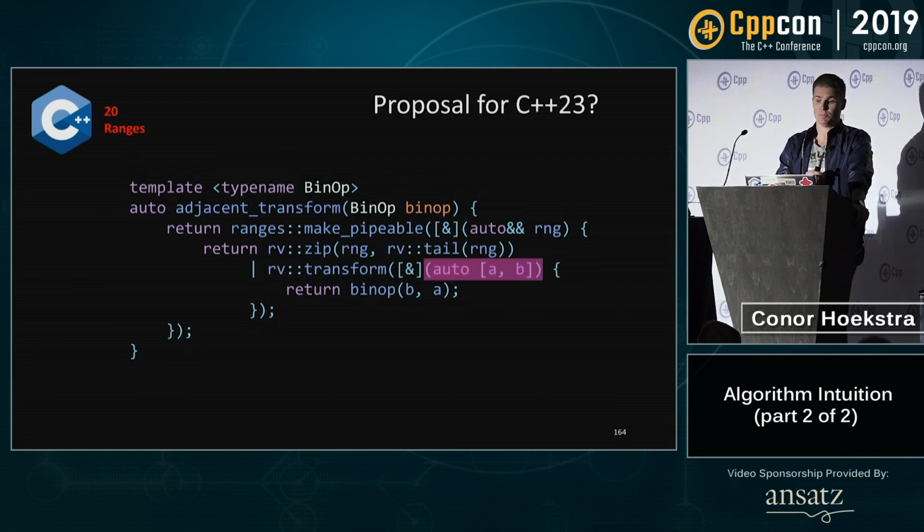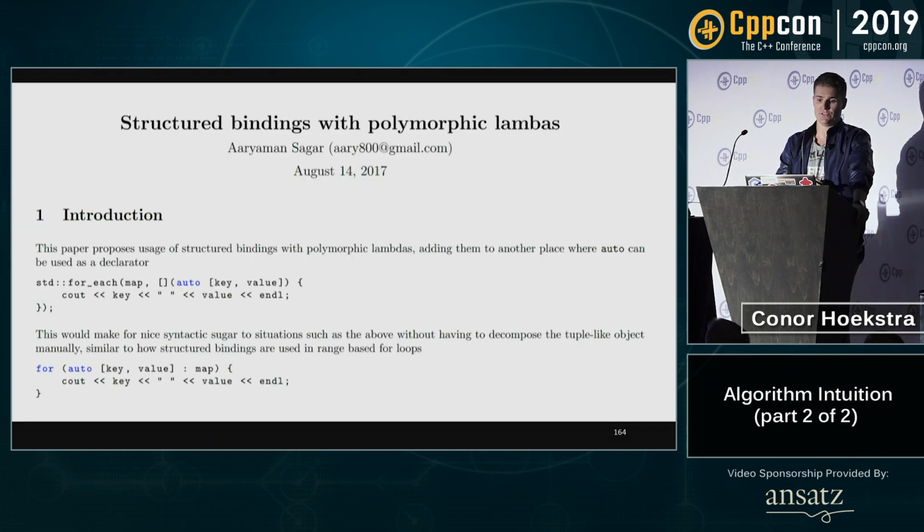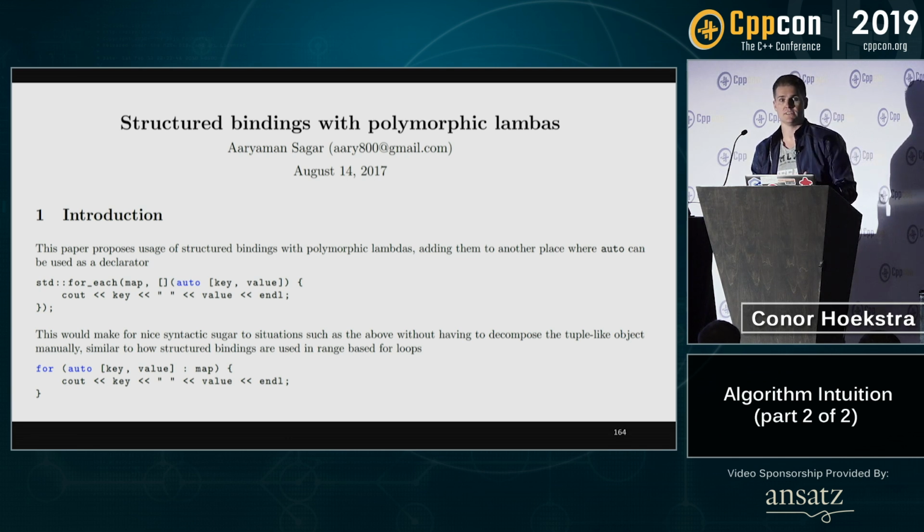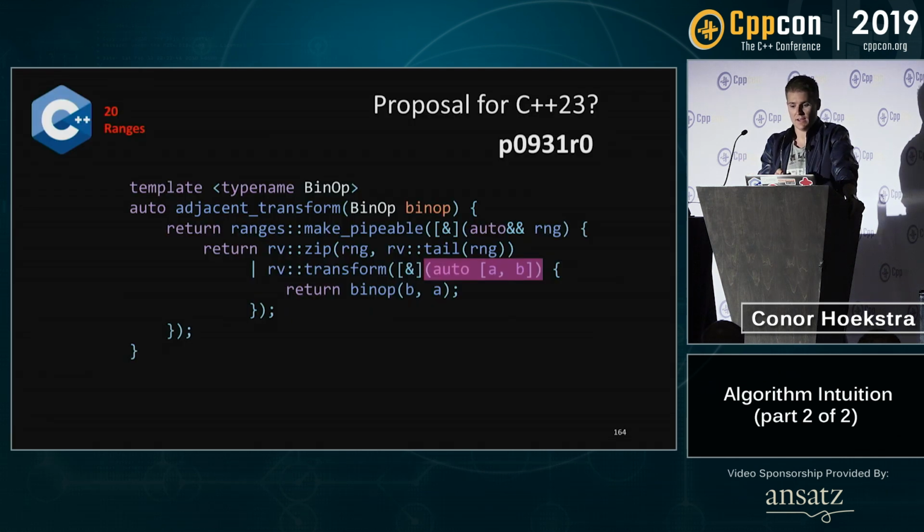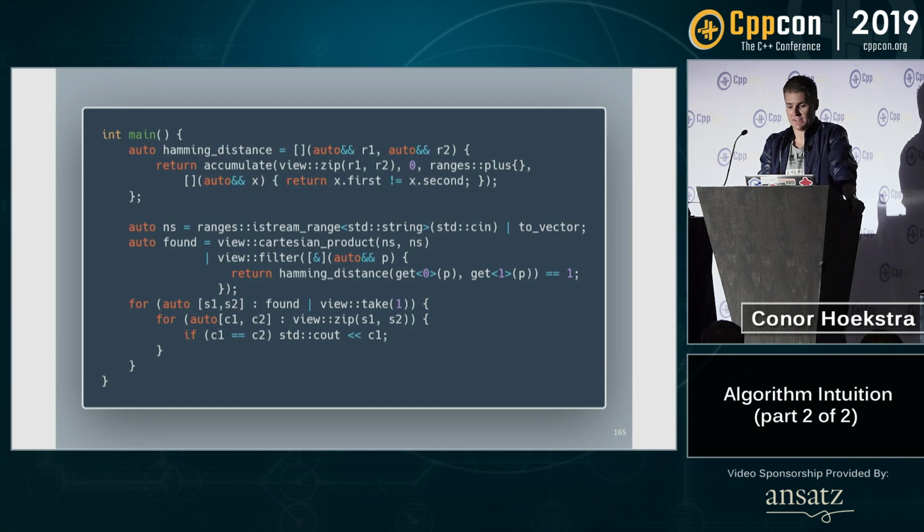There is actually a proposal out there, P0931R0, which proposes this: structured bindings with polymorphic lambdas. I'm not really going to talk about this proposal at all, but just know that when you start to use composable algorithms in the C++20 and future standards library, you're going to be able to make use of zip, which is going to necessitate some sort of language feature, in my opinion, that enables you to not spend whole lines doing this. We look at this, and then we move on to our next example.